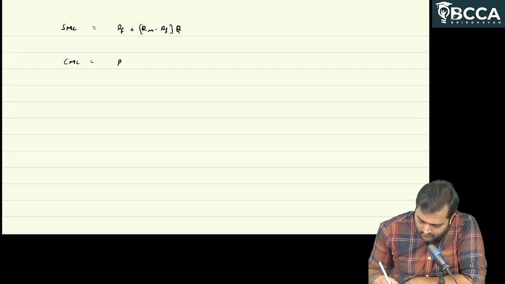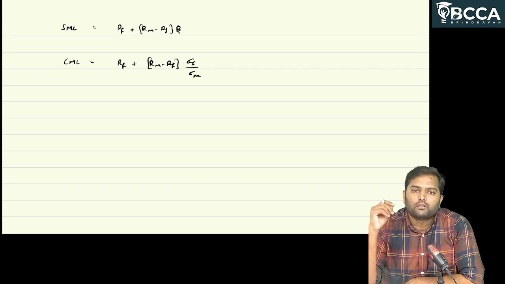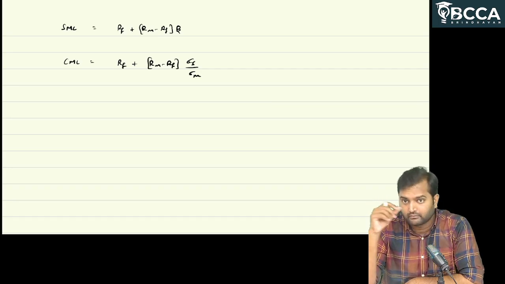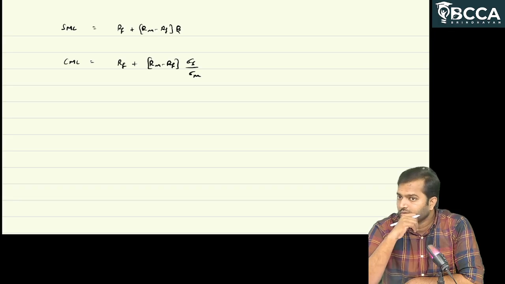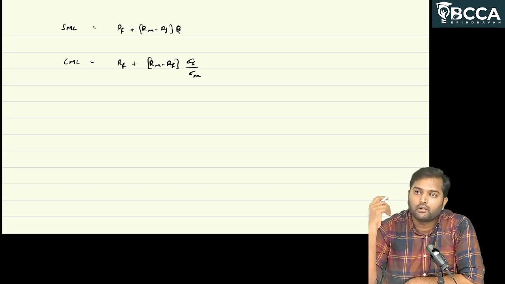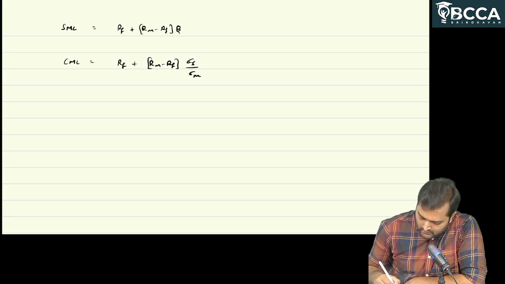Next, CML: RF plus Rm minus Rf into sigma S divided by sigma M. The capital market line denotes the relationship between security return and total risk.